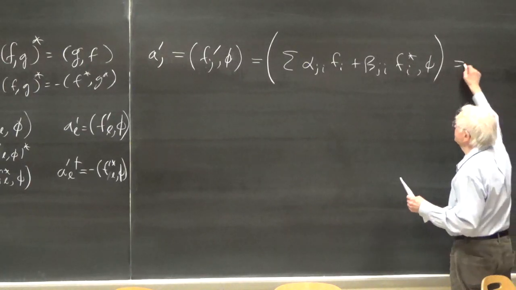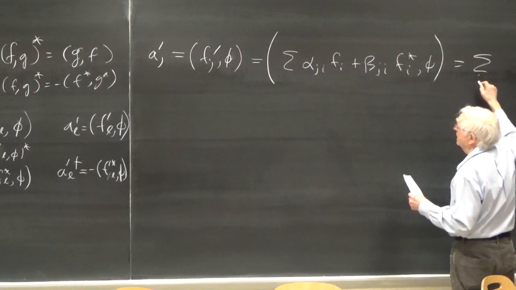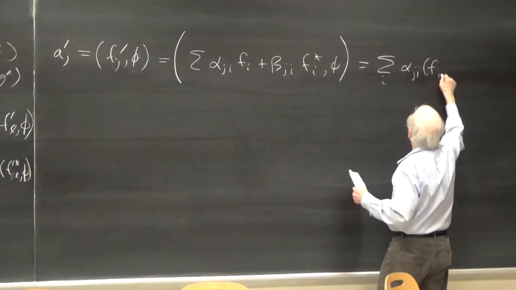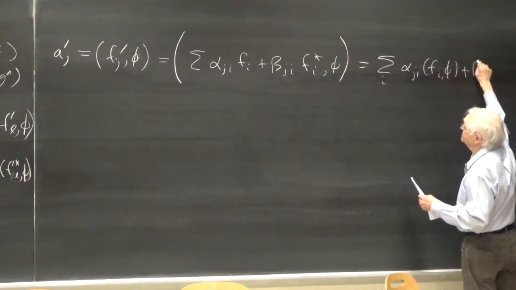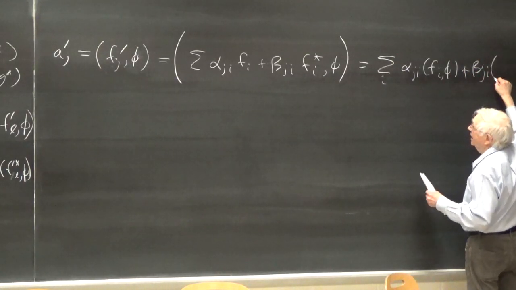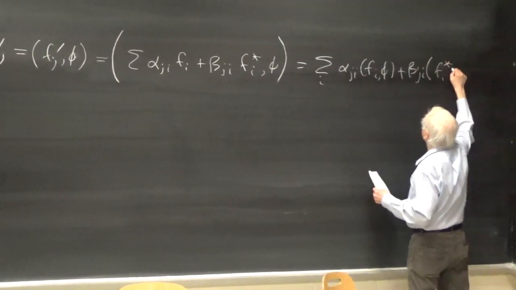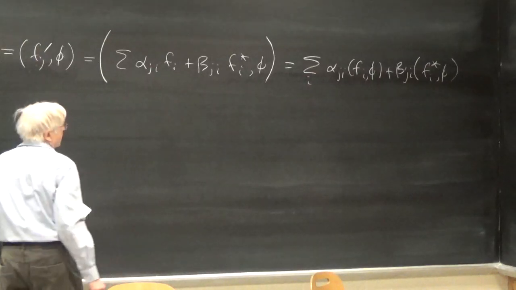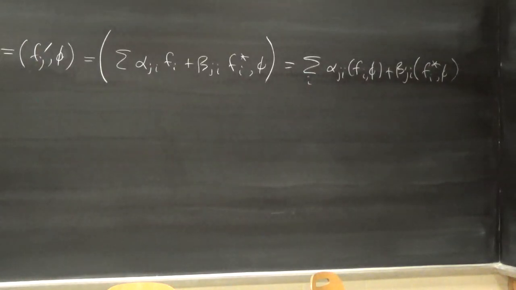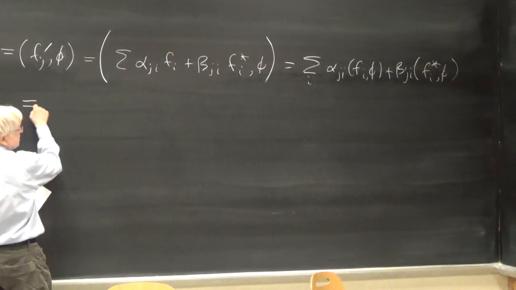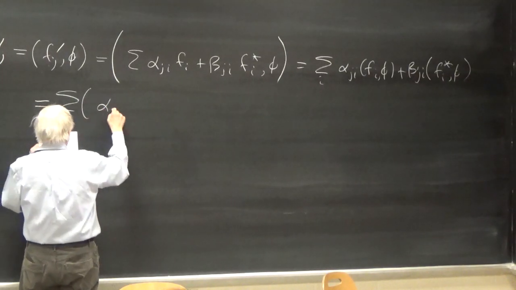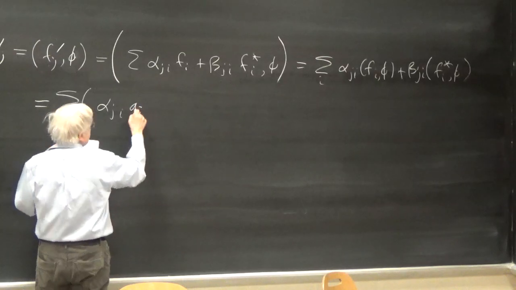And so this is in particular sum on I, alpha Ji Fi phi plus beta Ji Fi star phi. And now we've computed what these are. Fi with phi is AI. So this is equal to sum on I alpha ji ai.